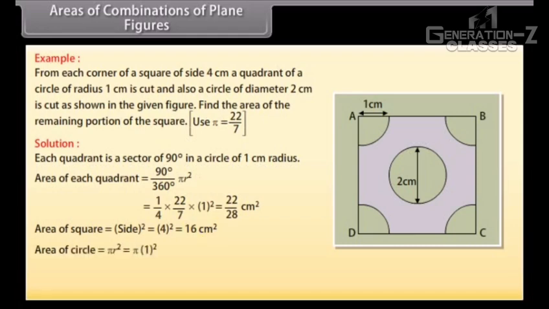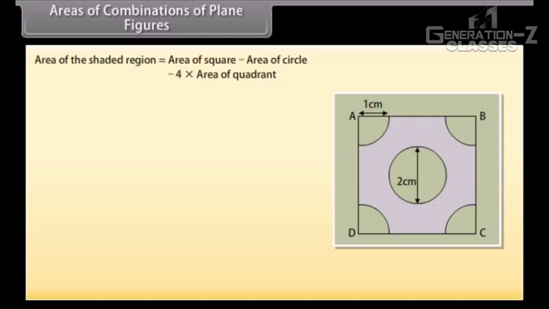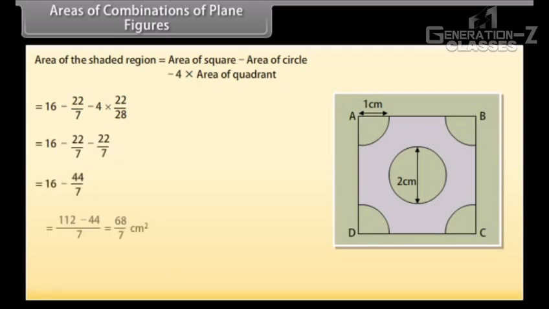Area of circle is equal to pi r square equals pi into 1 square, which is equal to 22/7 cm square. Area of the shaded region is equal to area of square minus area of circle minus 4 into area of quadrant. Now, by substitution and calculation of the values, we get area of the shaded region as 68/7 cm square.